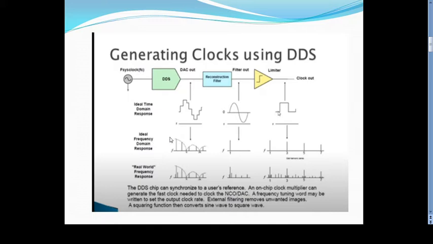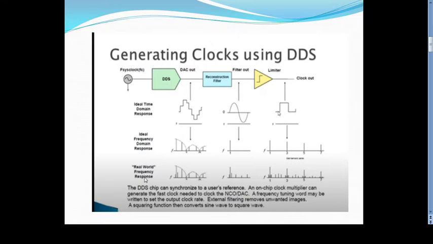In the ideal frequency response, an impulse response will be observed, which is given to the limiter. The output of the limiter is the impulse response, but this is an ideal case for the time domain and frequency domain, first and second.